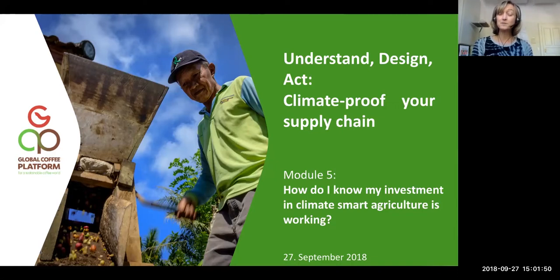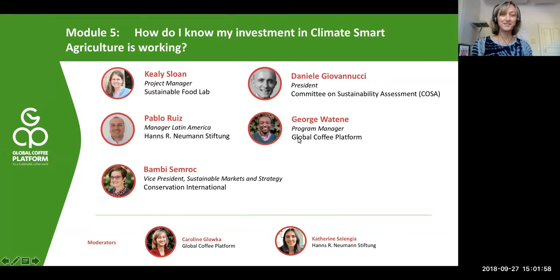And now we will continue with Module 5, How do I know my investment in climate smart agriculture is working? Today we have an array of experts that will bring the topic to you: Kili Sloan from Sustainable Food Lab, Daniele Giovannucci from COSA, Pablo Ruiz from the Neumann Stiftung, George, a colleague of mine from the Global Coffee Platform, and Bambi Samrock from Conservation International.